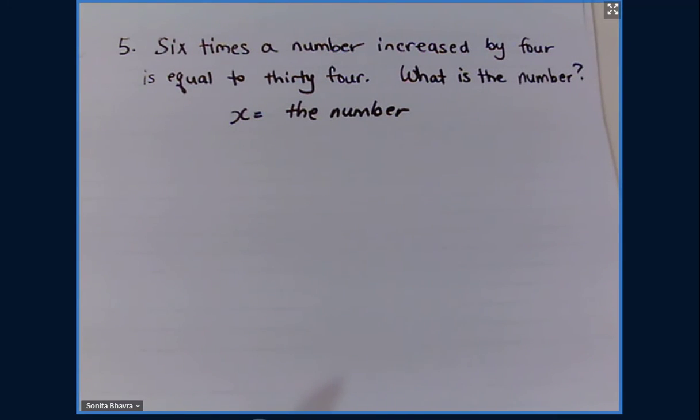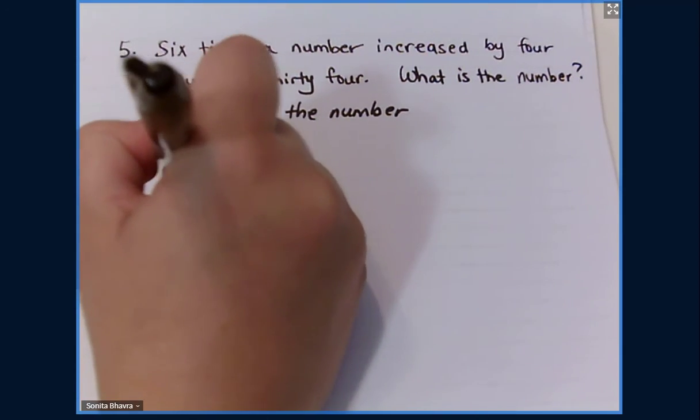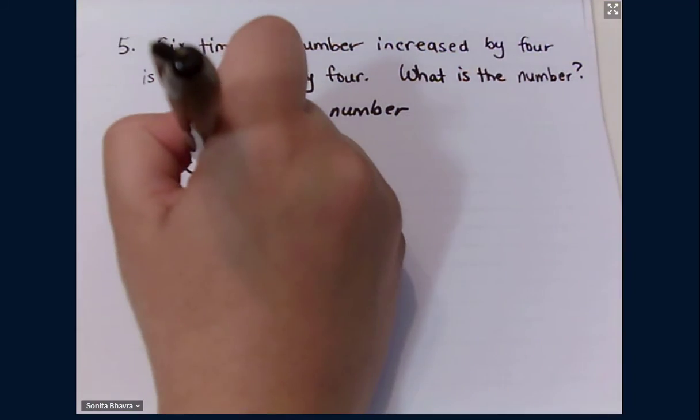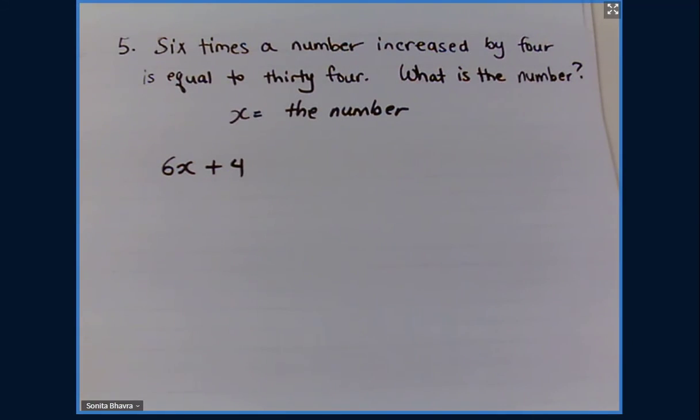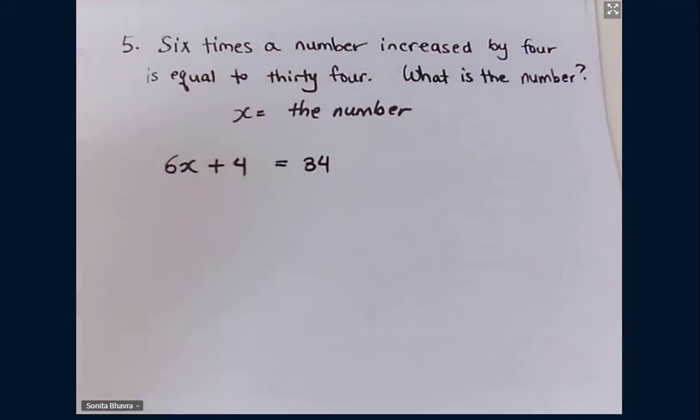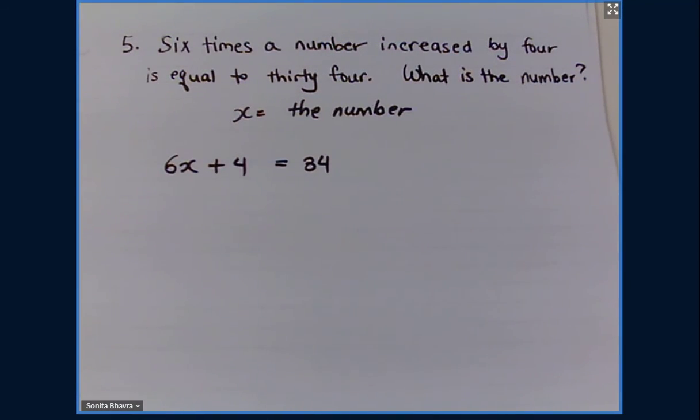Next, translate it into a mathematical equation. 6 times a number is 6x, increased by 4, so add 4, and that is equal to 34. So our equation is 6x plus 4 is equal to 34.